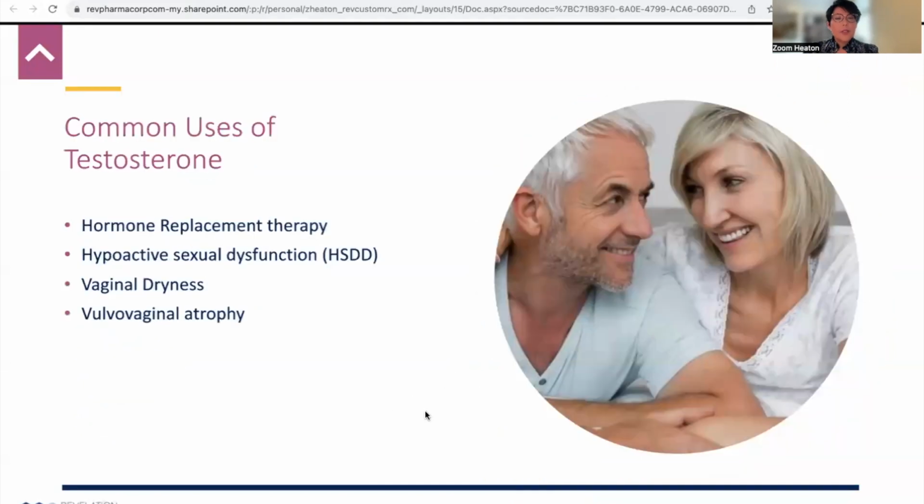And some common uses of testosterone for women: of course, hormone replacement therapy for perimenopausal and menopausal women, the hypoactive sexual dysfunction, or HSDD, vaginal dryness, and vulvovaginal atrophy, and that's just the thinning, drying, and inflammation of the vaginal wall.